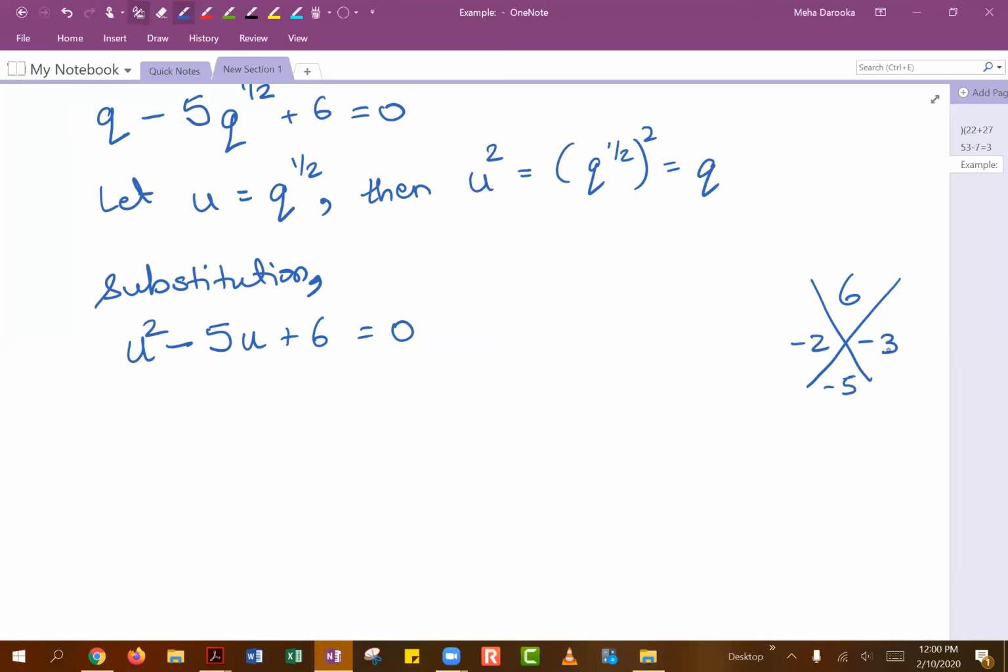And another thing, this is something we kind of talked about last time. My constant term is positive, middle term is negative, which means both my factors have to be negative. So this will be u minus 2, u minus 3.